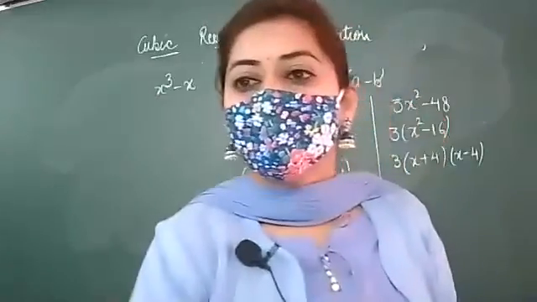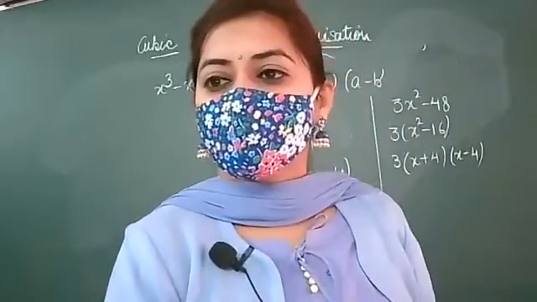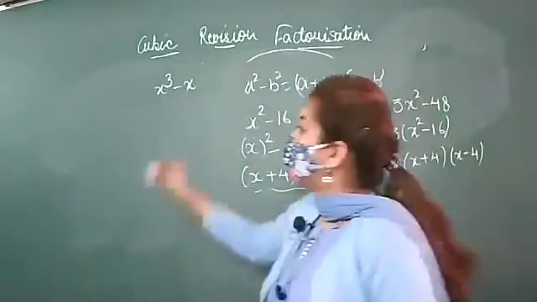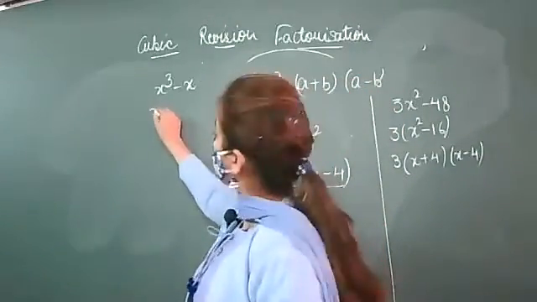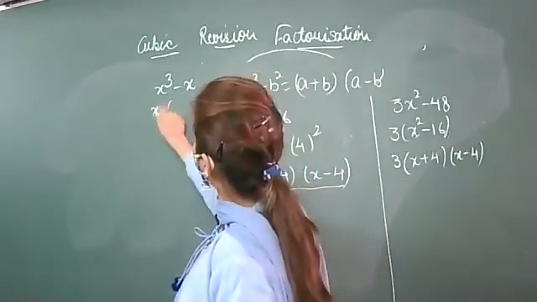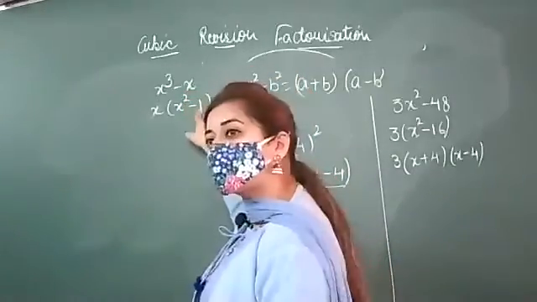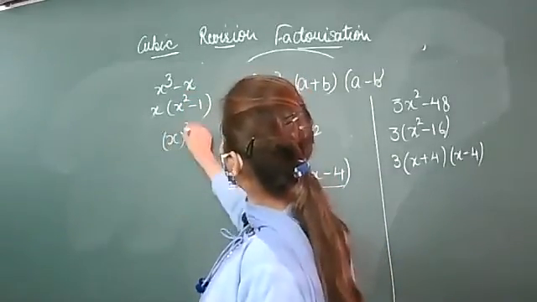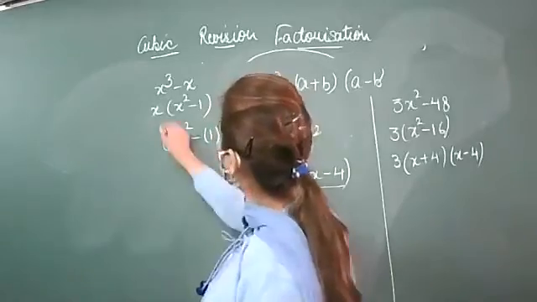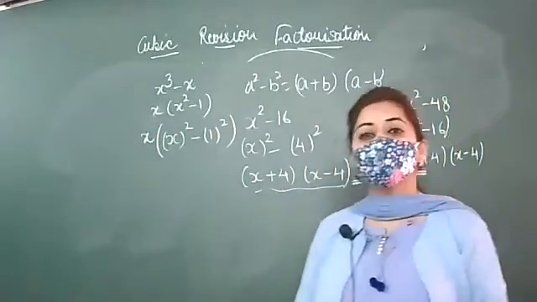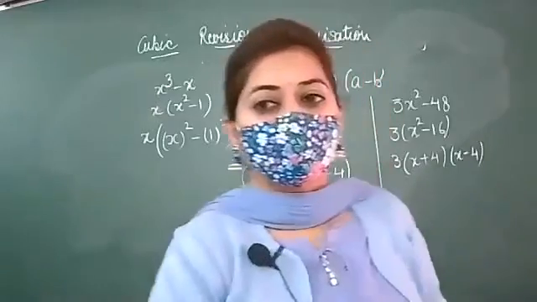Next example is x cube minus x. What will you do? Take x common, and x square minus 1 is left. 1 is a perfect square number. This is your a square, this is your b square, and this x is the same. How many factors will you have for this question? 3.